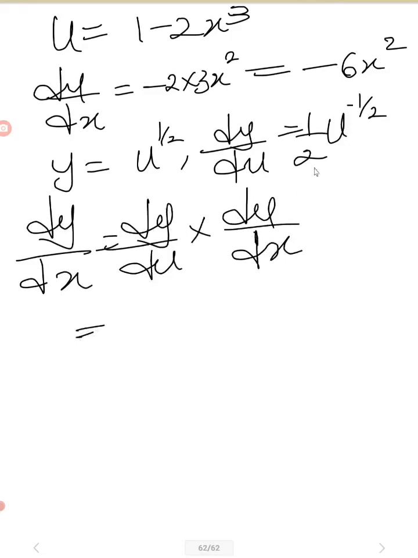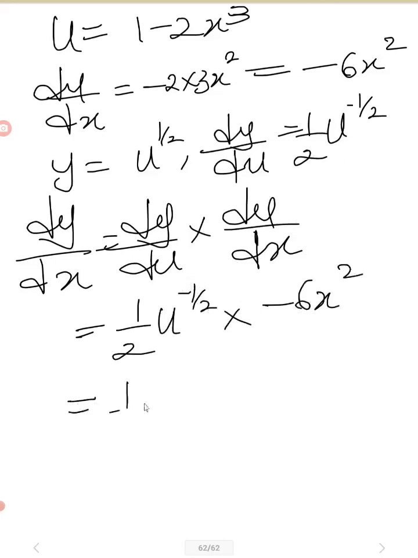That's all. So what is the value of dy/dx at this junction? The dy/du gives us half u raised to power minus half, which is 1 over 2 root u, multiplied by the du/dx, which gives us minus 6x squared. So it will now be half times 1 over u raised to power half multiplied by minus 6x squared.